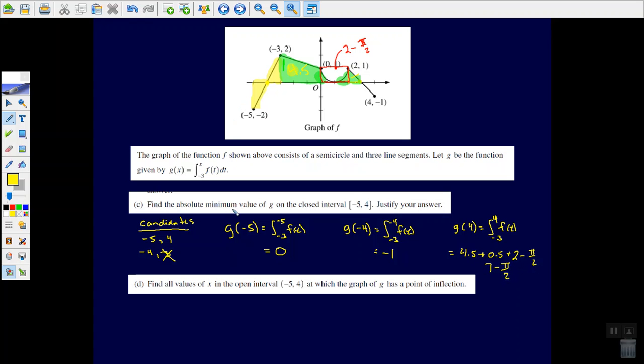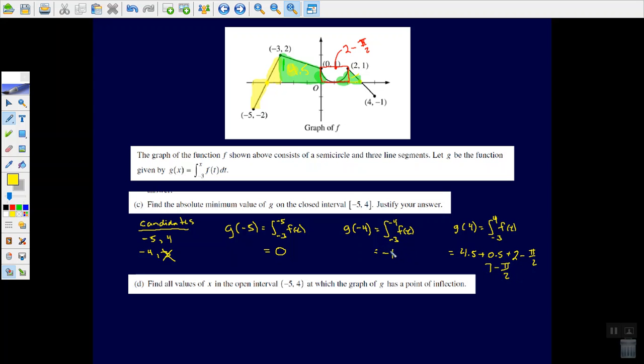Now, it's asking for what the relative minimum is. So honestly, you never do have to completely evaluate expressions here, but you need to determine which one is the smallest. Well, between 0 and negative 1, negative 1 is smaller. So all I've really got to do is convince myself that this final one is bigger than either of those.